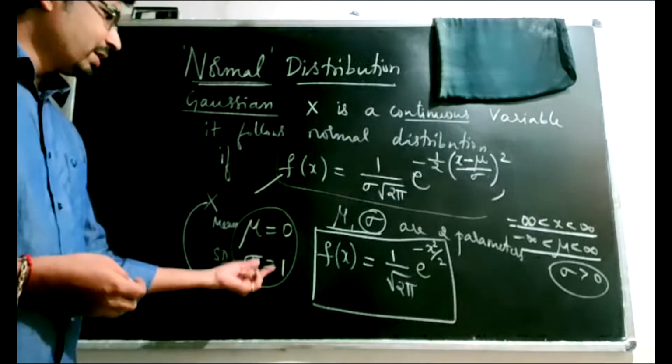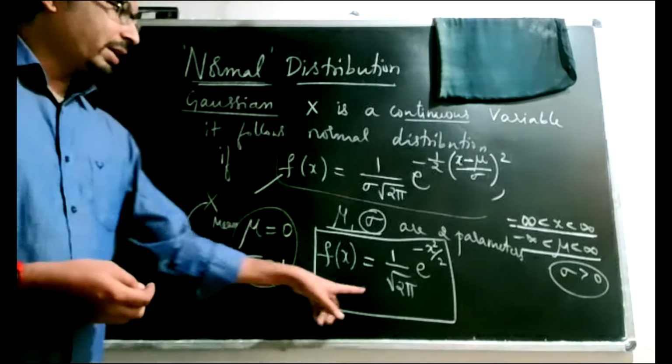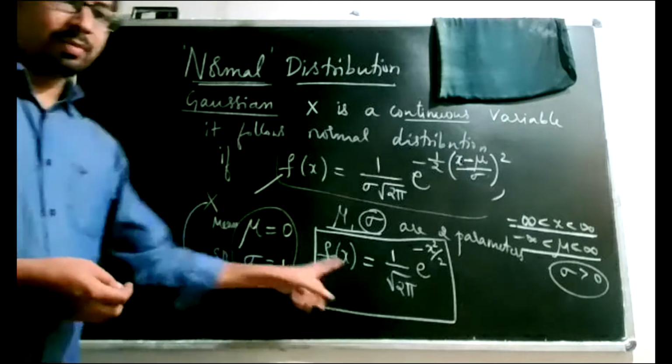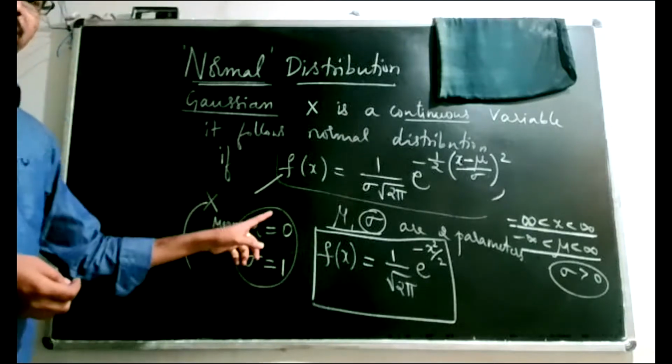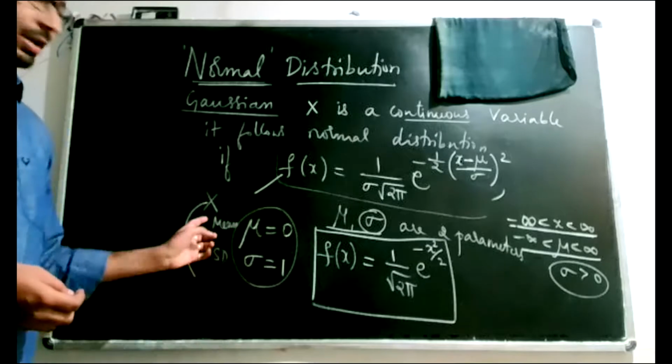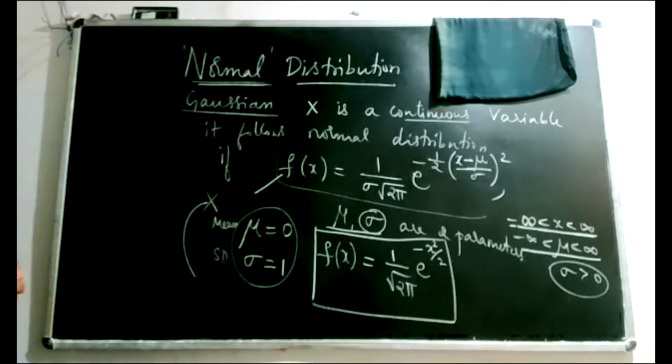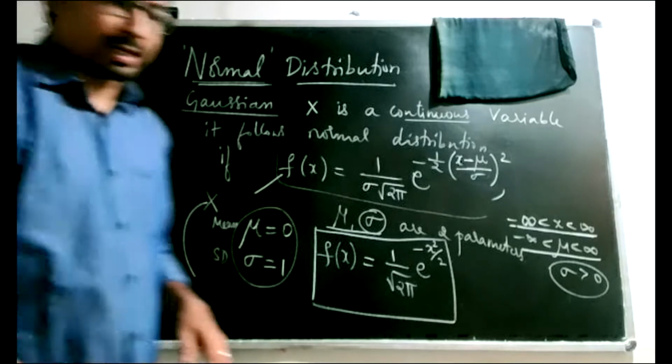From this we could always try to obtain a simple form by doing some transformation such that my variable always produces mean 0 and standard deviation 1, and we'll see why that is important in the field of statistics.